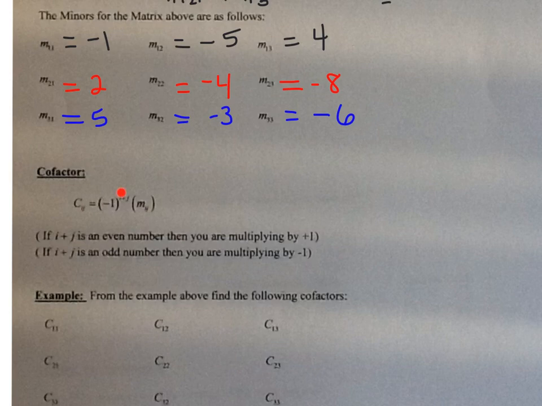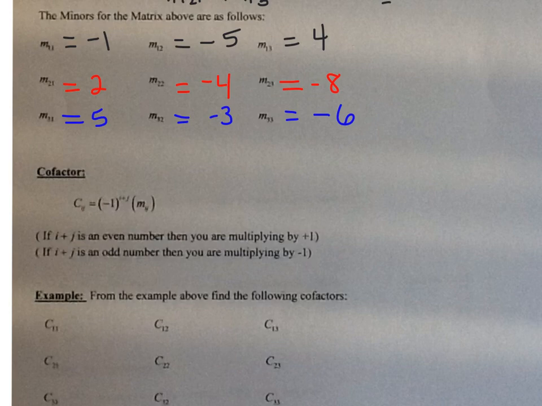All right, so now when you get that exponent, i plus j, if that's an even number, then you're multiplying by positive 1, right? Because negative 1 to an even exponent is going to be positive 1. And if i plus j comes out to be an odd number, then you're actually multiplying by negative 1. Okay, and then you multiply that by its minor.